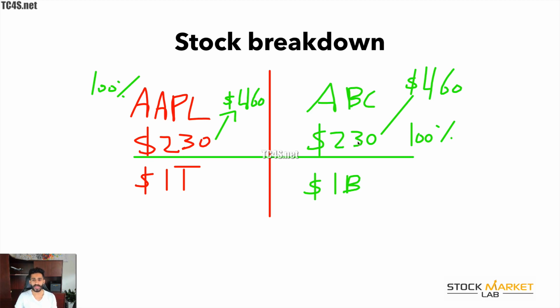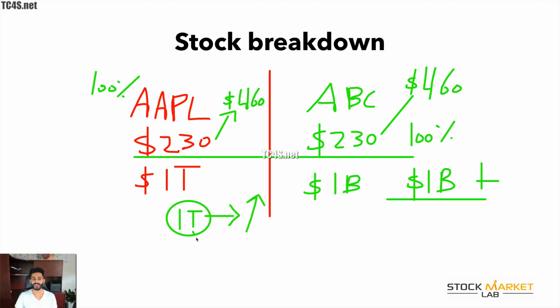For stock ABC to go up 100%, it needs $1 more billion. That's the only addition. Apple needs to add $1 trillion more into the market for Apple to go up. There is a huge difference between these two.